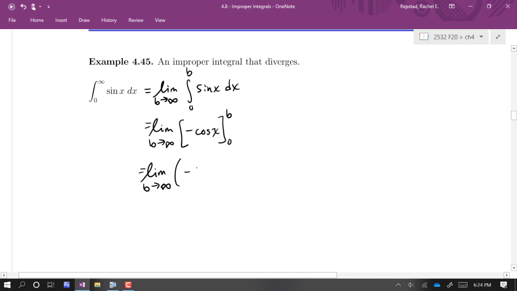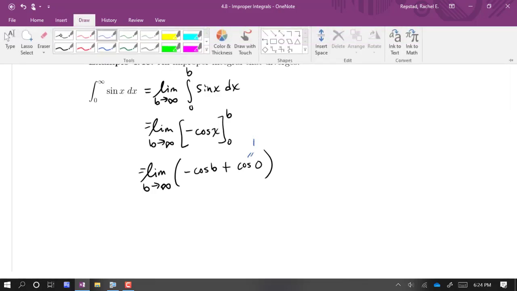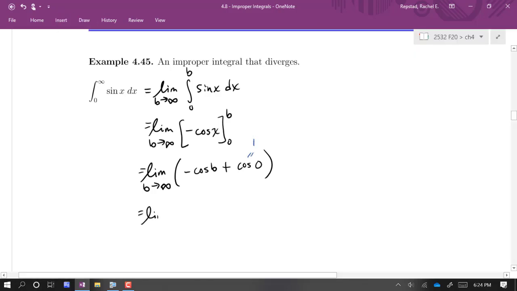So we've got negative cosine of b minus a negative, so plus cosine of 0. Cosine of 0 is equal to 1. So this is the limit as b approaches infinity of 1 minus cosine of b.